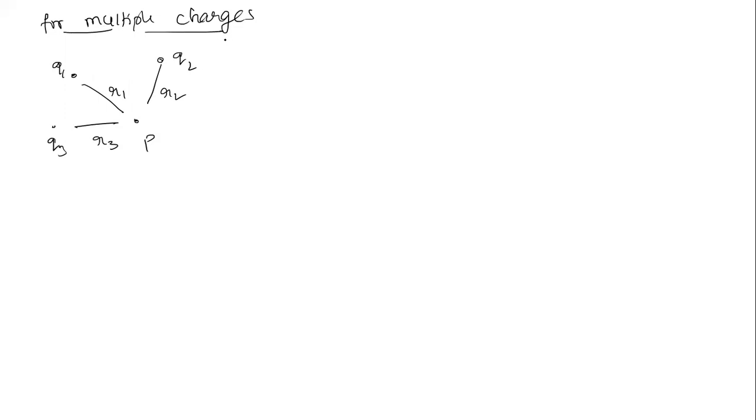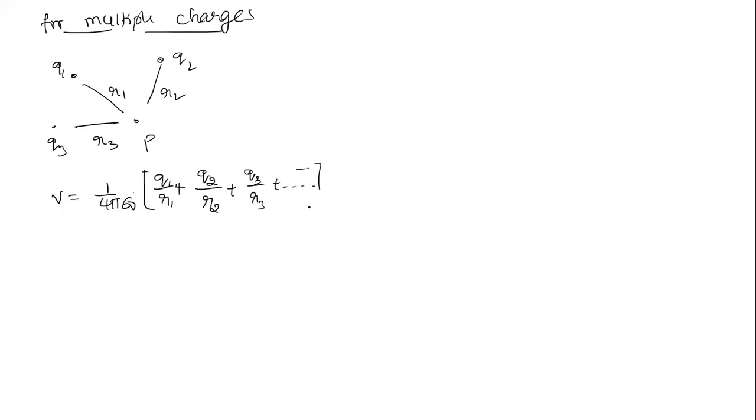Since potential is a scalar quantity, we just add up. Then total potential is given by 1 by 4 pi epsilon naught times Q1 by R1 plus Q2 by R2 plus Q3 by R3 plus so on.